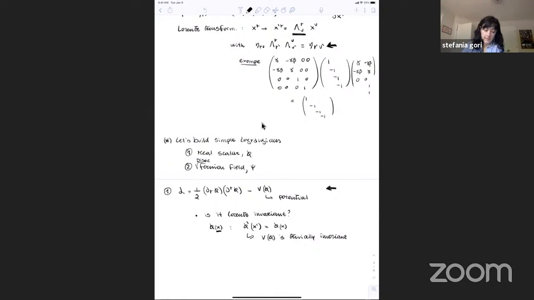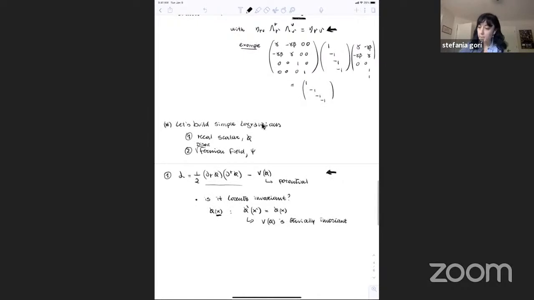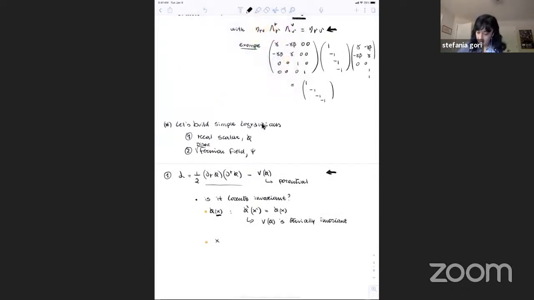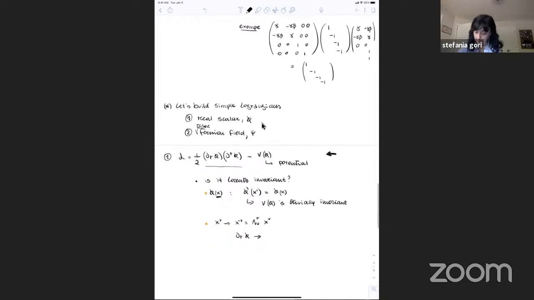A little bit less trivial is the transformation of the first term that I wrote down here in the Lagrangian. So let's see what happens to it. What we have learned is that x mu transforms in the following way, and therefore, if we take the derivative of the field phi, this will transform as a Lorentz transformation.